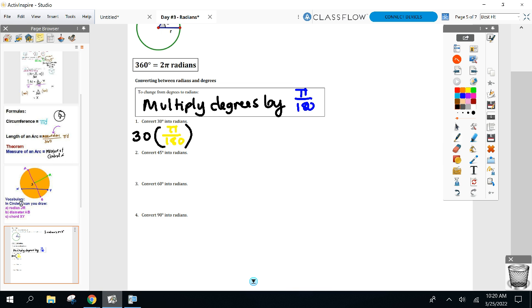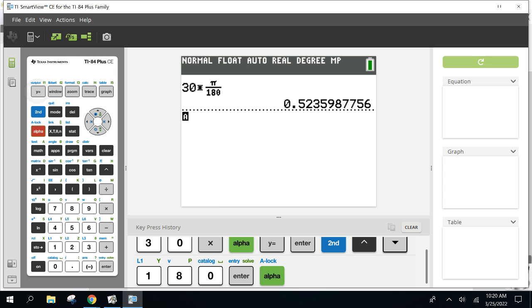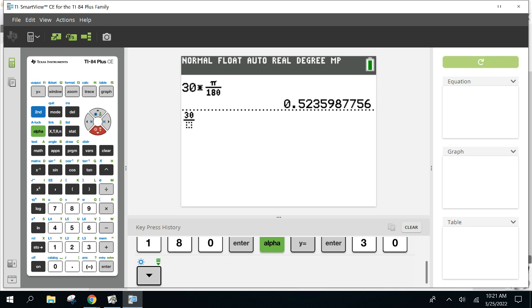So let's remember how we do this. We're just going to put the pi in our answer. And now in your calculator, do 30 over 180 for me. Put the pi in your answer, divide the rest. So 30 over 180, and I want it as a fraction, not a decimal.